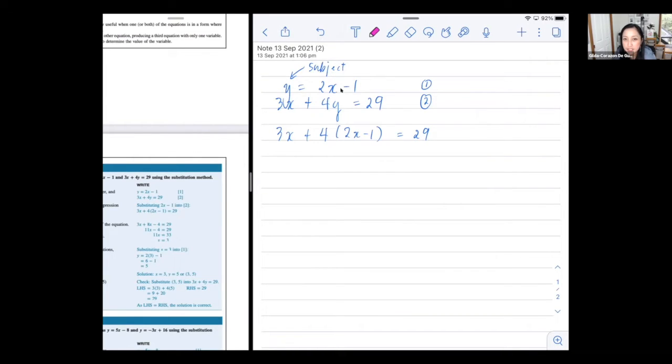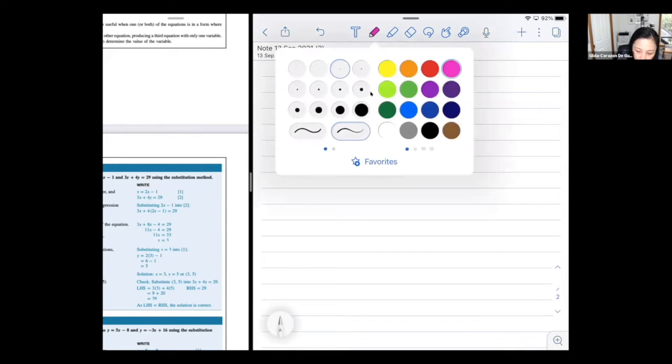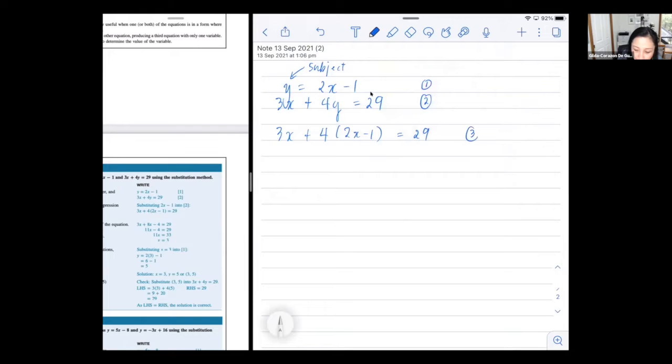The first equation there would have 2 variables. The second equation would have 2 variables as well. But then if you look at your third equation, how many variables do you now have? You only have just one variable, and that is your objective. Your objective would be to get rid of one of the variables so that you will be able to find what the other one is.